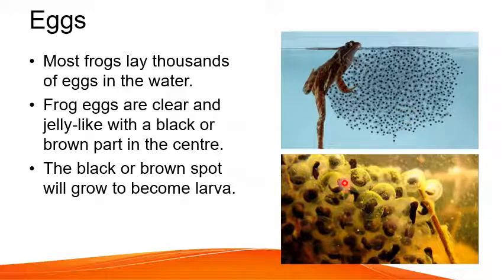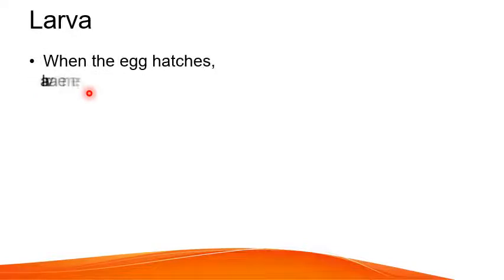You can see it's already starting to grow in there, and it's covered with a jelly-like surrounding. So this is still an egg, but it's already starting to grow, and it will hatch soon. Some of them look like they're hatching actually.